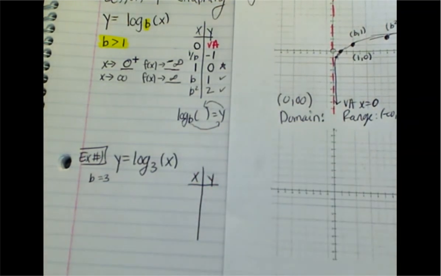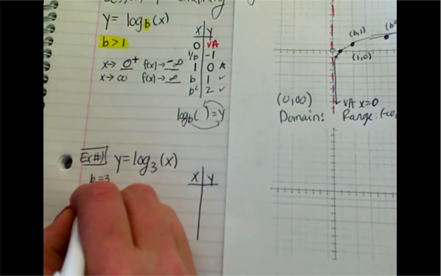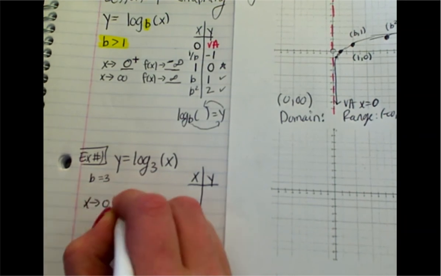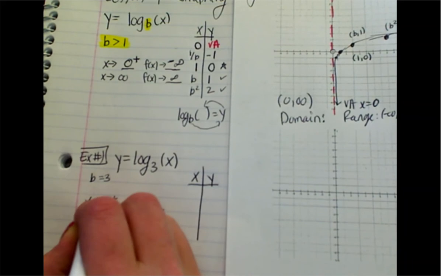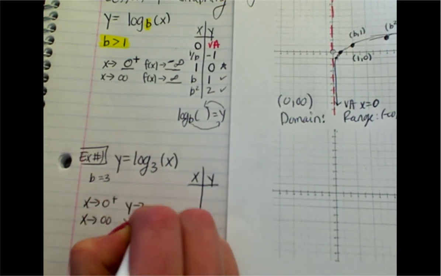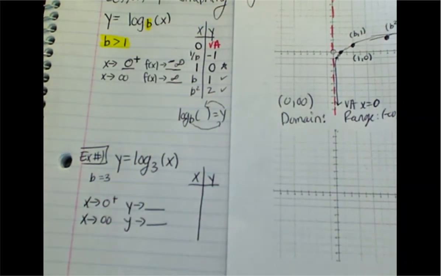You need 3 points. I'd say between 1 and 3. The better you get, the fewer points you need. Okay. As x goes to 0 from the right, y goes where? As x goes to positive infinity, y goes where? That's what we want to answer.